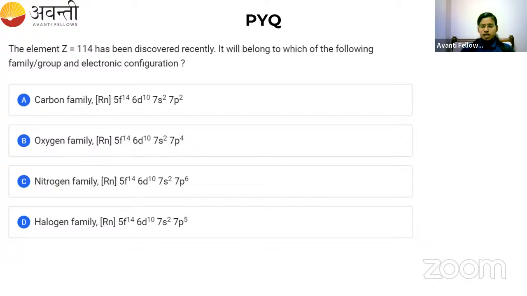Two persons are sitting with the ID Azer, I think. One has capital letters, the other has the small letter Azer. So I think the small letter Azer is JNV Ramnagar. The capital letter Azer student only has given me the answer. You also belong to the same JNV, JNV Ramnagar.